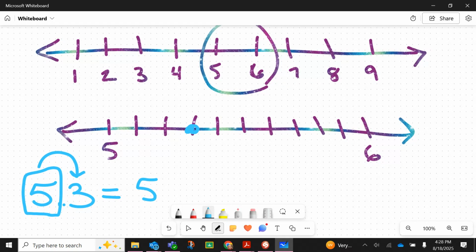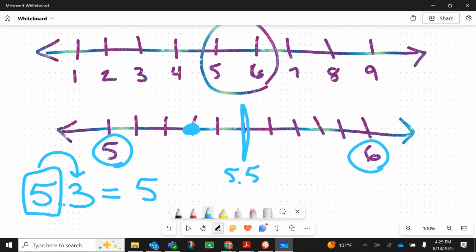And you can see here, if I'm looking at my number line, this point right here is closest to the 5. The next whole number is way down here. So my only options are a 5 or a 6. If I see, okay, there's 1, 2, 3, 4. Here's midway, 5.5.